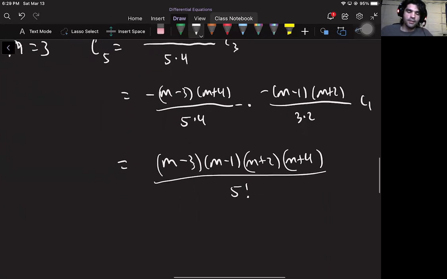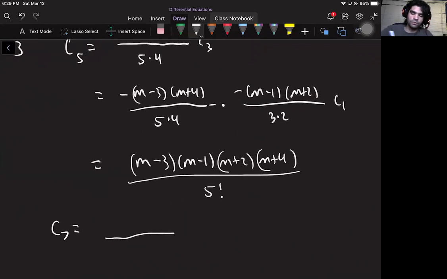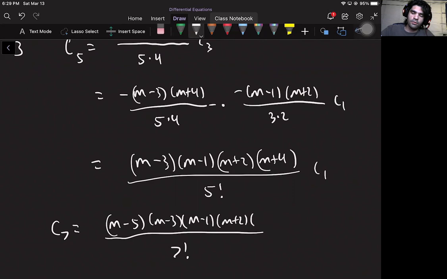So I think I can guess C7 now by establishing the same pattern. Oh, this is now times C1. So it's going to be a 7 factorial on the bottom, and I'm going to go out to minus 5. And I'm going to go out to plus 6.